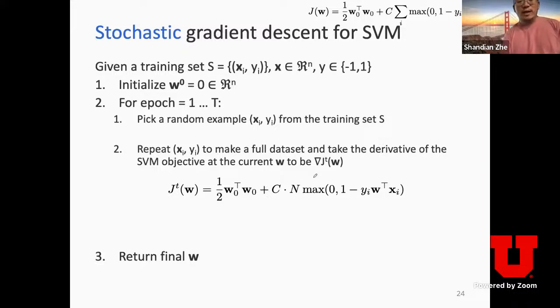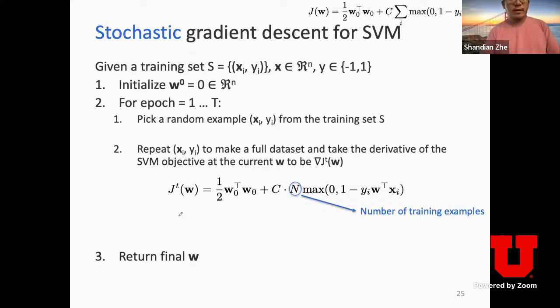You just calculate the loss function for this particular example and multiply it by big N, the size of the original training set, and then add the regularization term. I will emphasize that N here represents the number of training examples in the original data set.